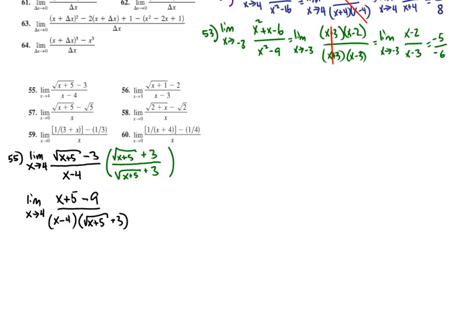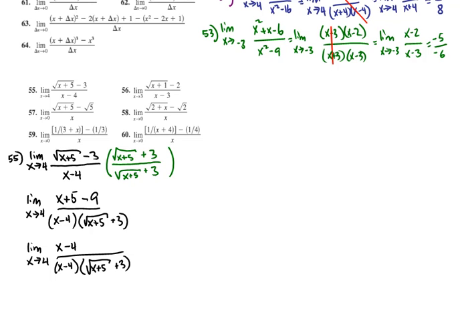You want to leave it in factored form so it's easy to cancel. Particularly we want to cancel that x minus 4 factor because that's what's making the denominator turn out to be 0 and make this limit not able to be evaluated. So when we simplify the numerator, we get that x minus 4, and that's over x minus 4, again, times the quantity square root of x plus 5 plus 3.